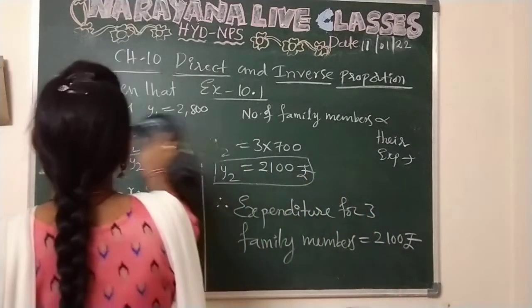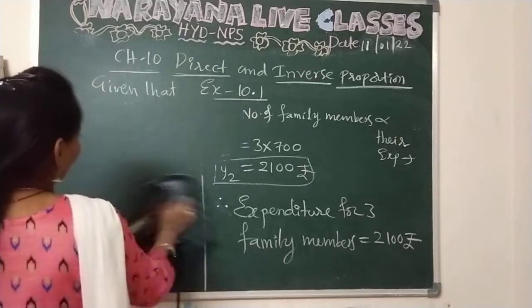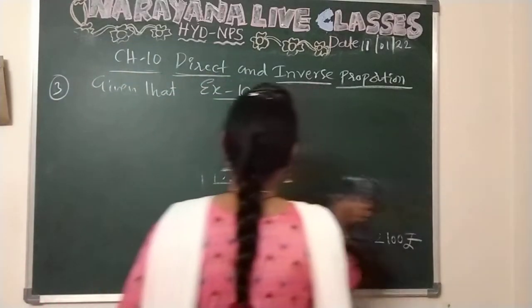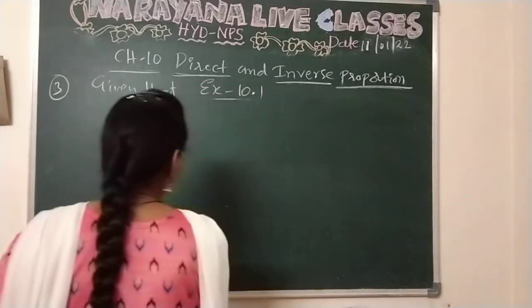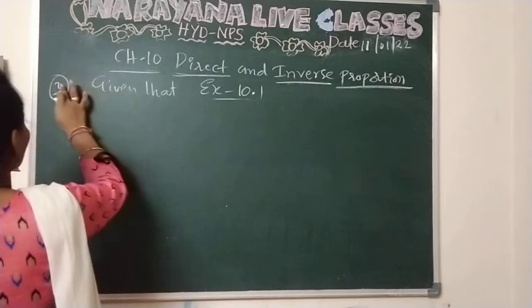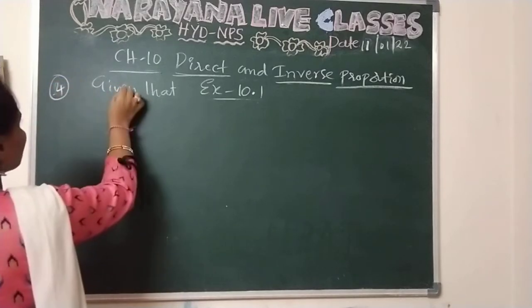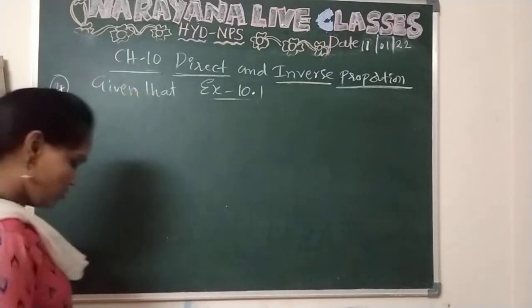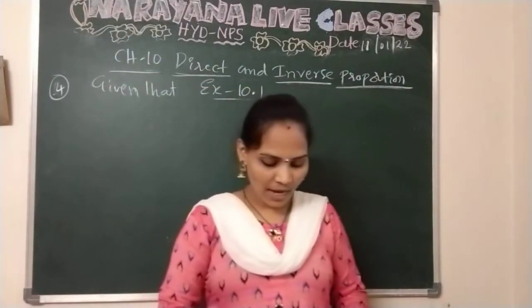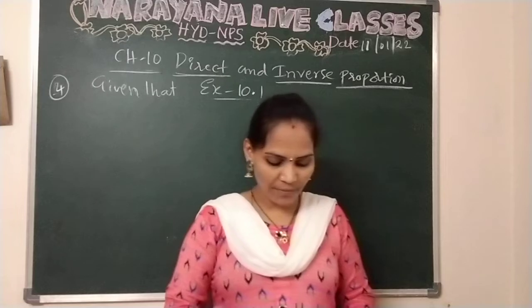Next, the fourth question. These are very easy questions. Fourth one. First let me read the question. In a ship of length 28 meters, the height of its mast is 12 meters.